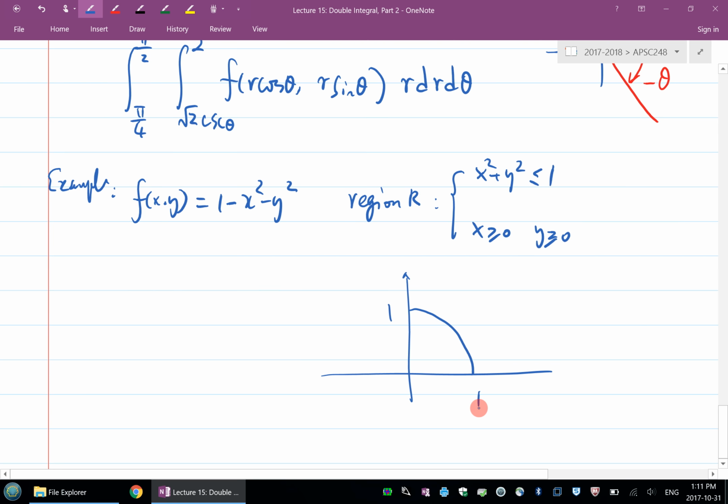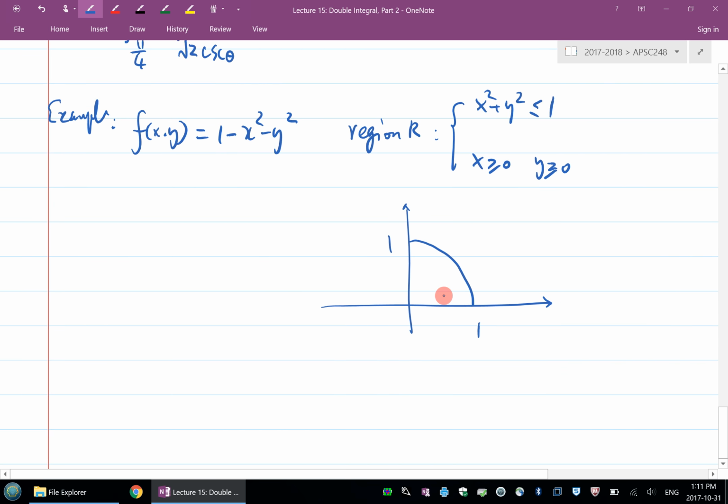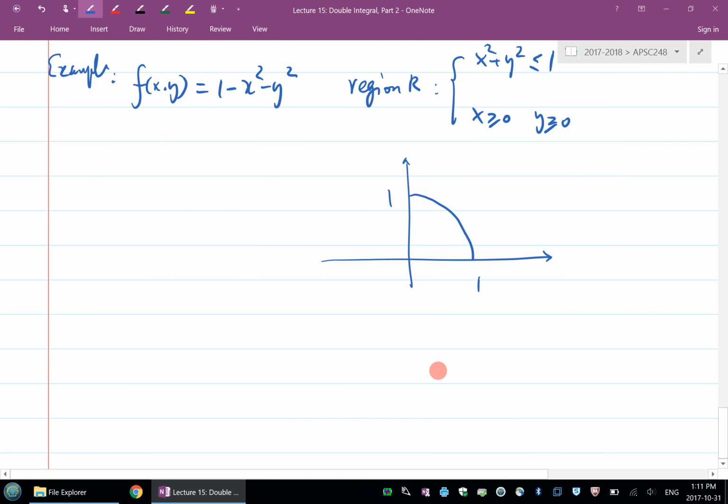If I wanted to illustrate a little better, I can draw it in 3D here. You're looking at essentially a quarter of the circle, and that's your region R. And on top of the circle, you have a function f of x, y equal to 1 minus x squared minus y squared.